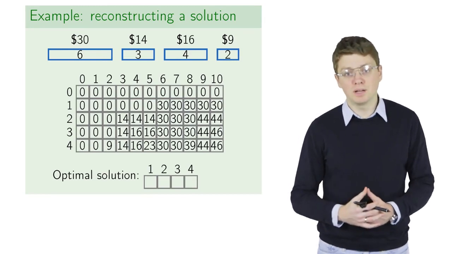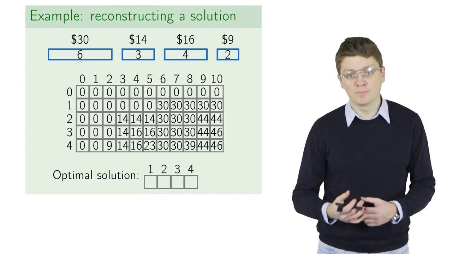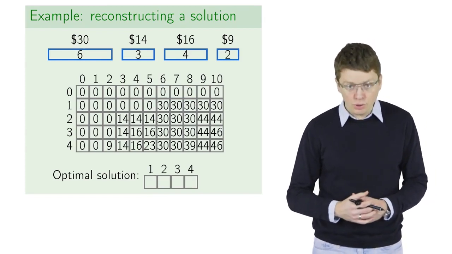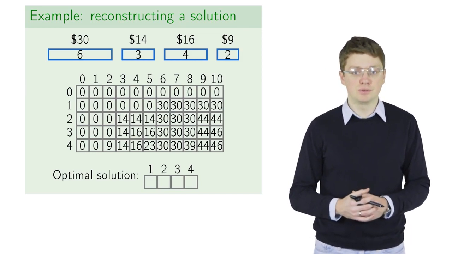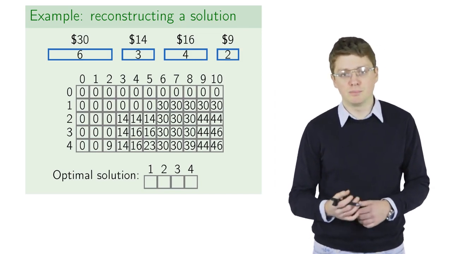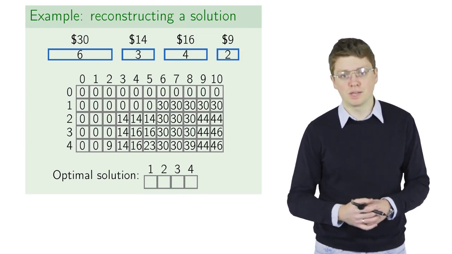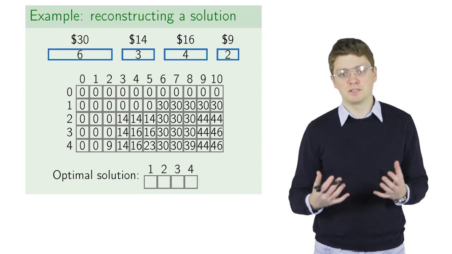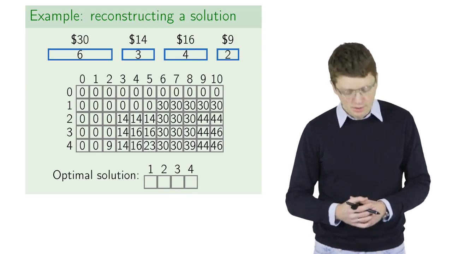Now let's apply the algorithm that we've just designed to our toy example. Recall that we need to store the values of all subproblems for all w from 0 to 10 and all i from 0 to 4 in our case. For these purposes, it is natural to use a two-dimensional table or two-dimensional array.